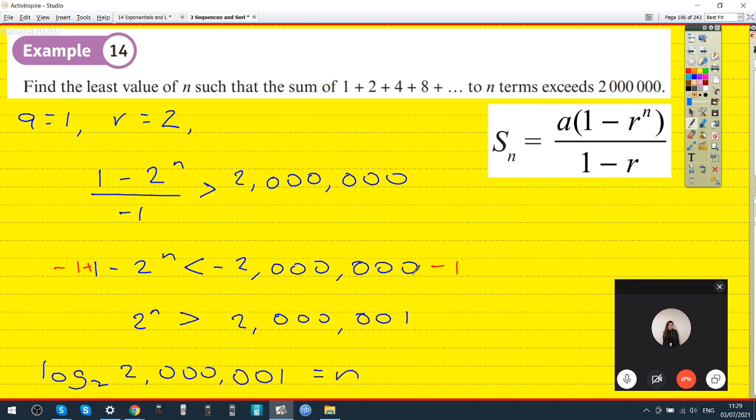Let's see what the calculator says. 20.933. And so the first time that the sum exceeds 2 million is 21. Yeah, so the 21st term.